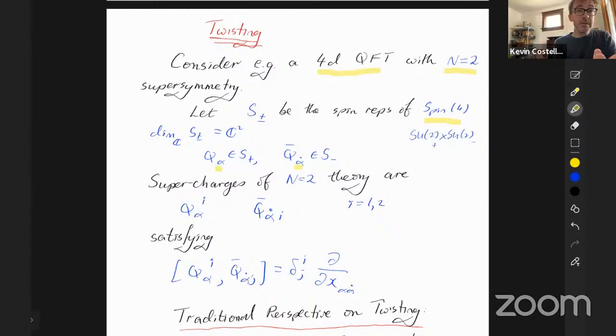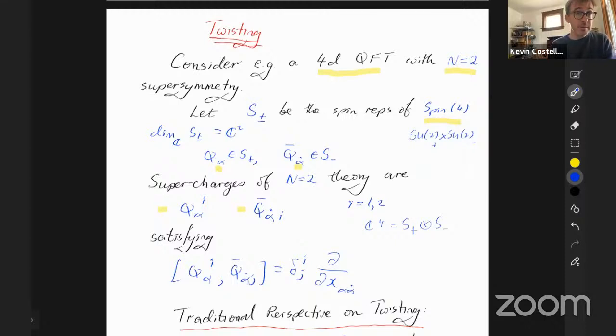Now, when we have a theory with N=2 supersymmetry, we're going to have two pairs of supercharges: Q alpha I, where I goes from 1 to 2, and Q bar alpha dot I, where I also goes from 1 to 2. We should recall that the complexified vector representation is a tensor product of these two spin representations.